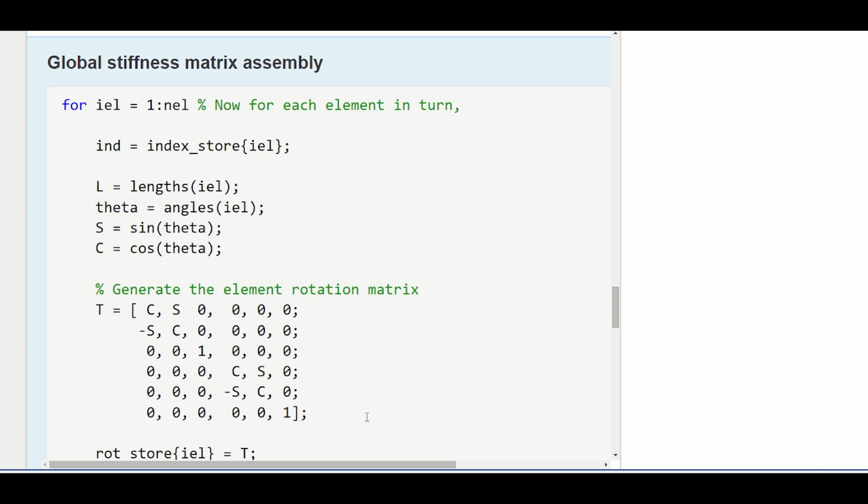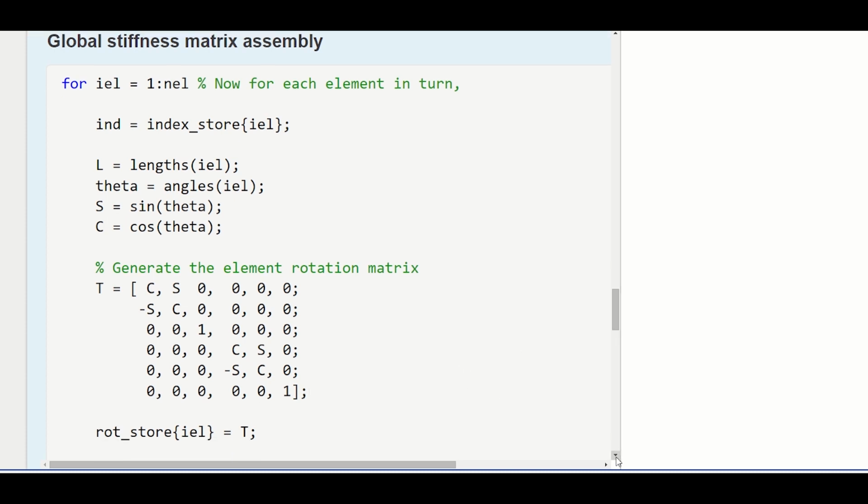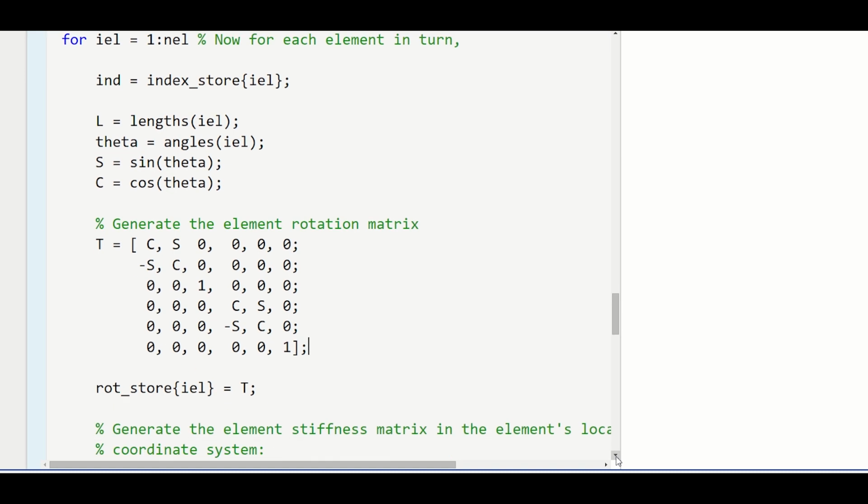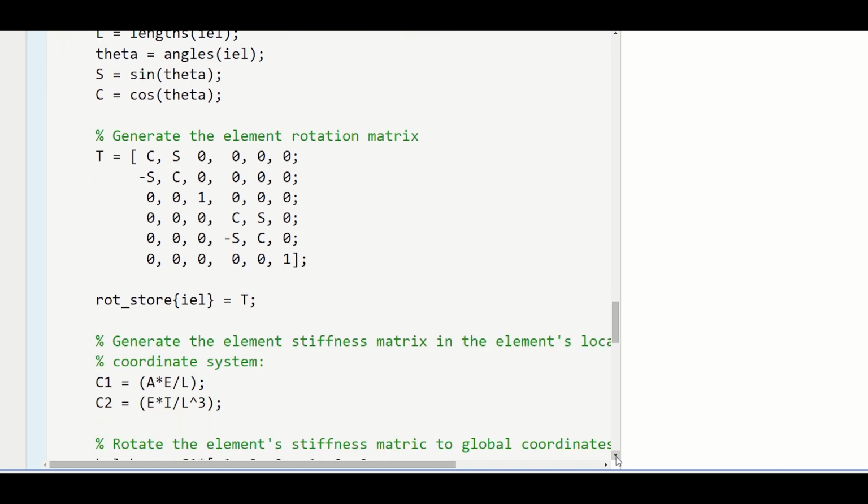You are probably familiar with this matrix by this time, and I'm saving that transformation matrix into rot store.